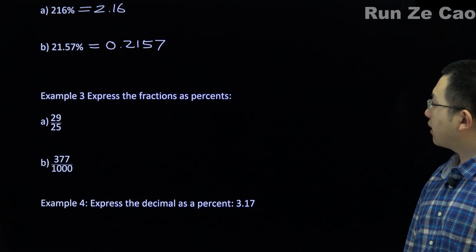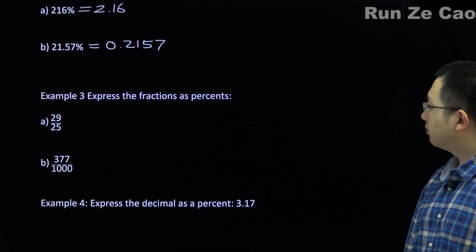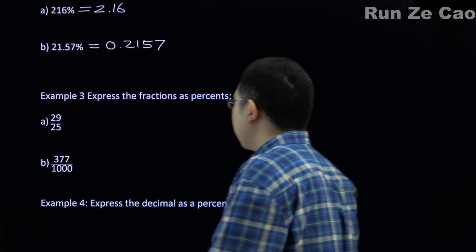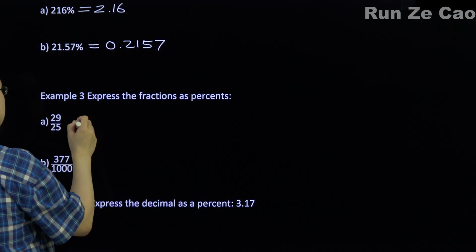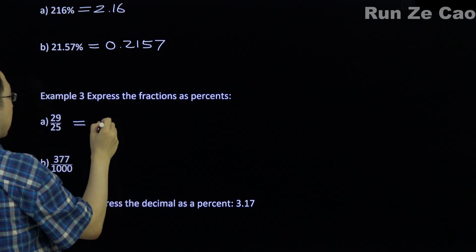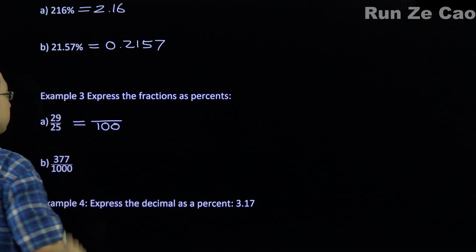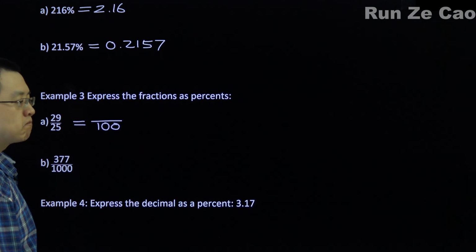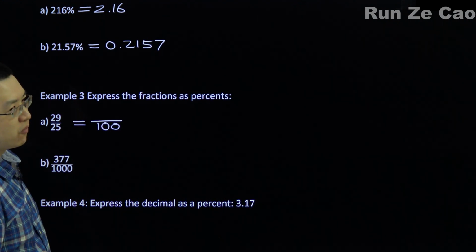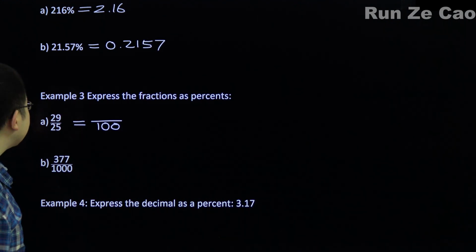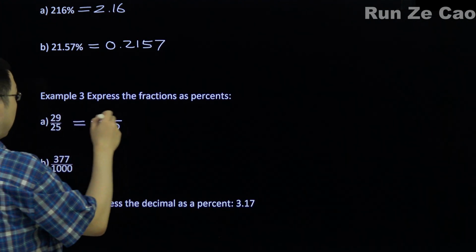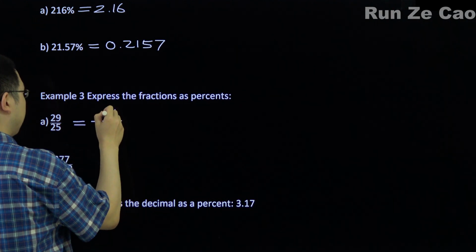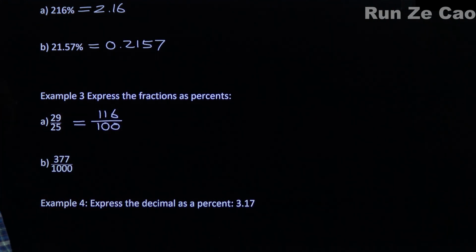Example 3. Express the fractions as percents. 29 over 5. Guys, that's how much over 100? 25 times 4 is 100. So 29 times 4 is 116.